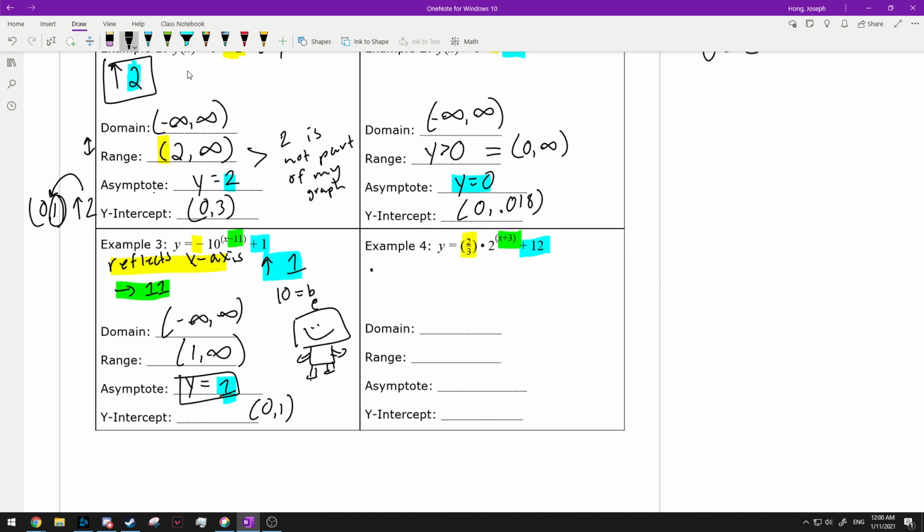So in the Edpuzzle, what are the 3 transformations that happen in example 4? It's at 2450. Okay.